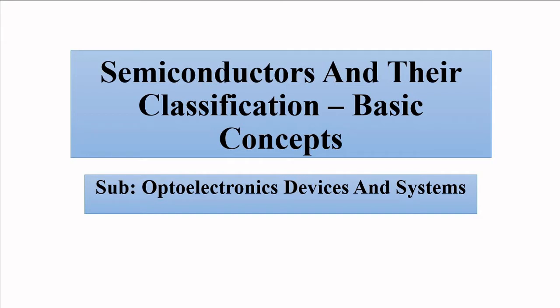So why are semiconductors very important for optoelectronics? It is because the two most important components in an optoelectronic communication system, the optoelectronic source and the optoelectronic detector, the source which generates the light and the detector which detects light, the two most fundamental components in an optoelectronic system, are made up of semiconductors.